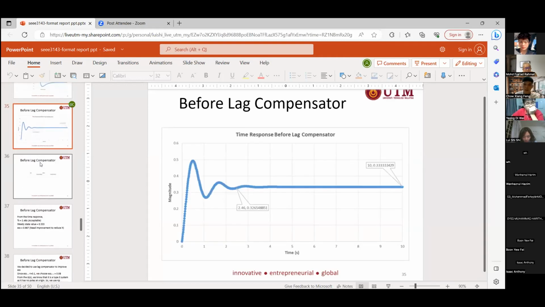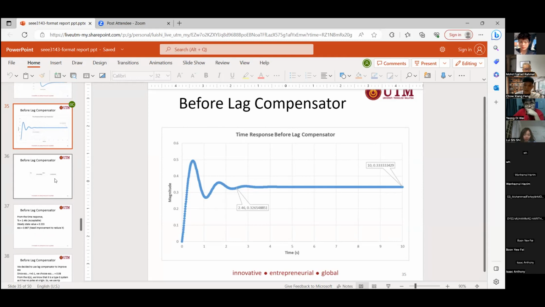This is the time response before we insert the lag compensator. The ESS now is 0.67, as the final value from this plot is around 0.33. We use a unit step, so 1 minus 0.33, and we get ESS equal to 0.67.